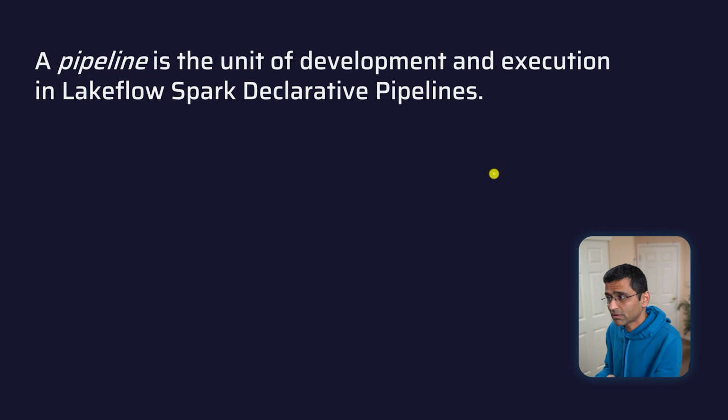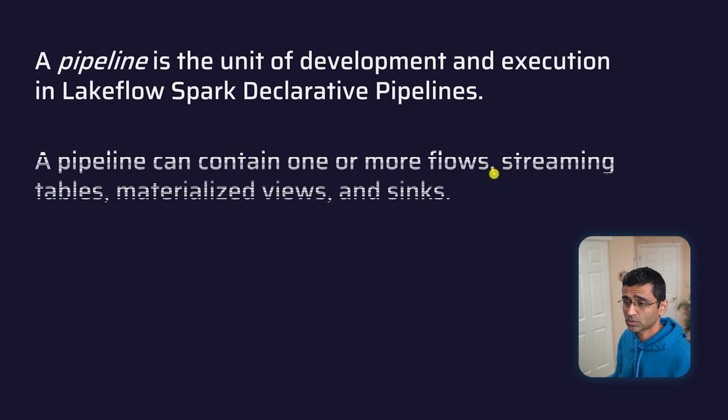It's a unit of development and execution in Lakeflow Spark Declarative Pipeline. See, data pipeline is a common term, but in this context, when you're talking about Lakeflow Spark Declarative Pipeline, a pipeline is a unit of development and execution. Now you can run this pipeline on some schedule. So we'll look into it. We'll go to the pipeline and we can schedule it. It can also run automatically. Let's say when new data arrives, the pipeline is active and data will flow through the pipeline.